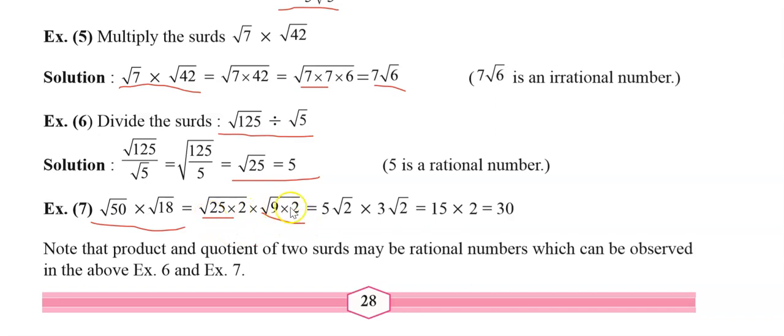Square root of 25 is 5, so 5 root 2 is here. 9 into 2, and the square root of 9 is 3. 5 into 3 is 15. And again root 2 into root 2 is 2. Therefore 15 into 2 is 30. And in this way we can multiply one surd by another.